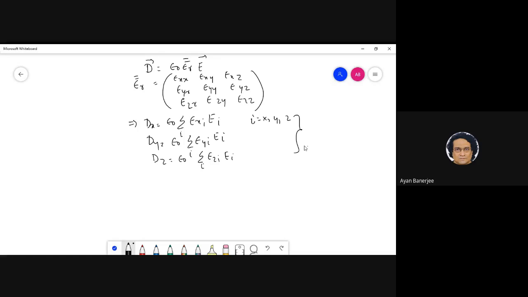The moment you have something like this, with a coordinate system where these are 3x3 matrices and everything is different, there is always a possibility to diagonalize this.